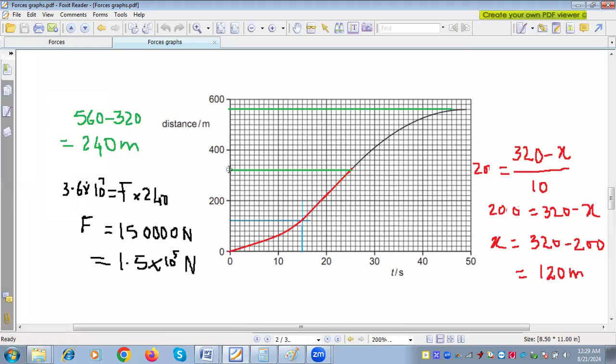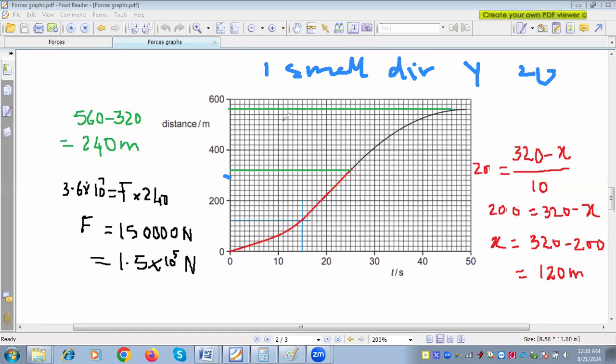One small division along the y-axis represents 20 meters. So this midpoint is 300, and so this is 300. So this is the distance which is covered here.